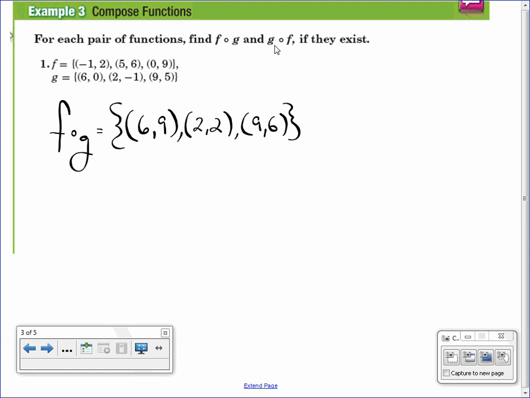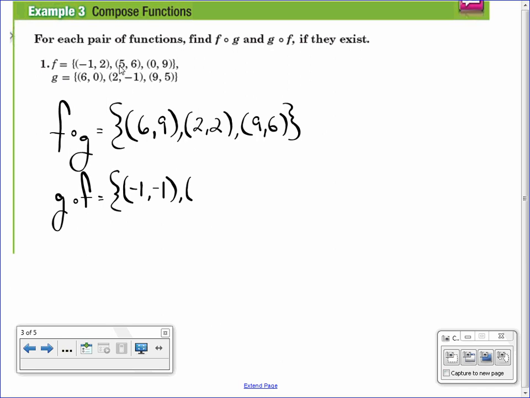Now they want us to find G composition of F. So we're going to do it just backwards now. We're going to be putting F function into G function. All right, our first set of numbers, we got -1, 2. So -1 is our input, 2 is our output, and 2 goes to -1.